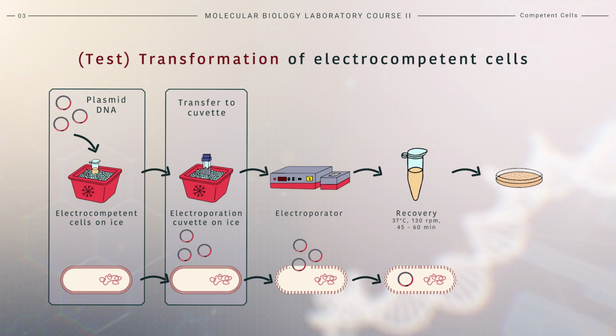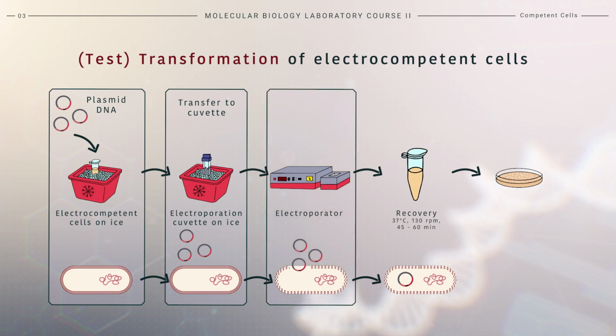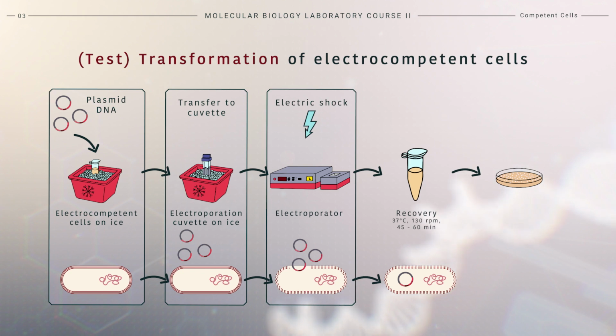The cuvette is inserted into the electroporator. An electrical pulse is applied across the solution using electrodes. The success of the electroporation depends greatly on the purity of the plasmid solution, especially on its salt content. Solutions with high salt concentrations might cause an electrical discharge.